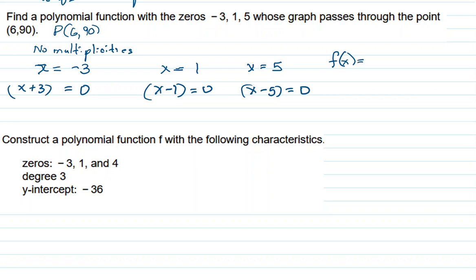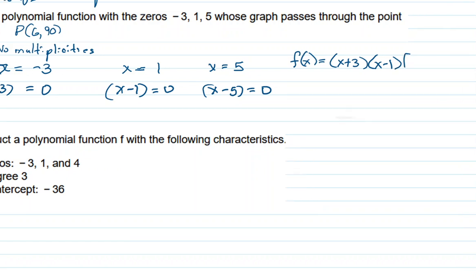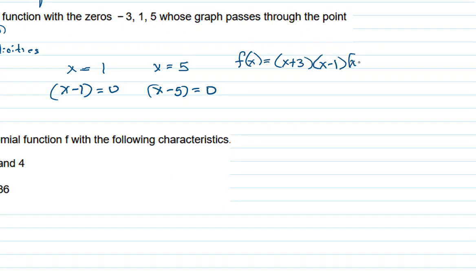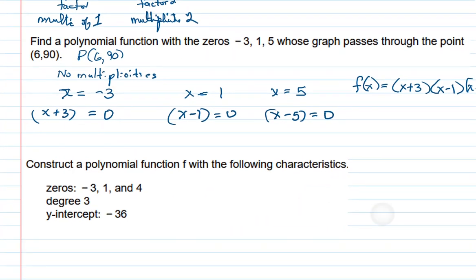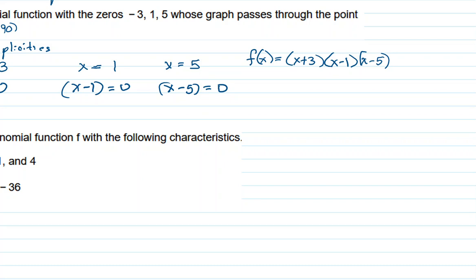F of x equals x plus 3 times x minus 1 times x minus 5. All right. Now we're going to have a constant here, and what we're going to do is insert a 6, right? Because a point was 6 and 90, right? So we're going to put a 6 in and see what we get. And 90.